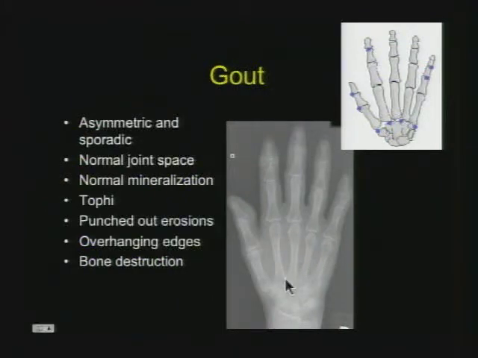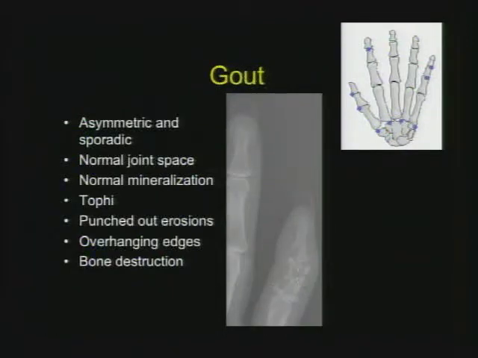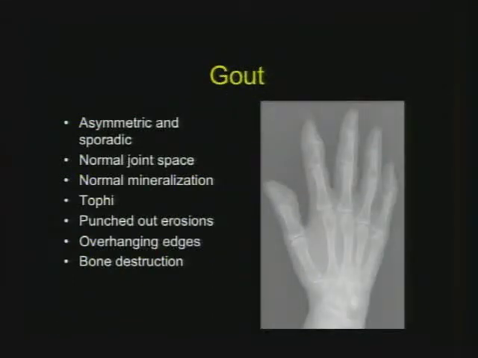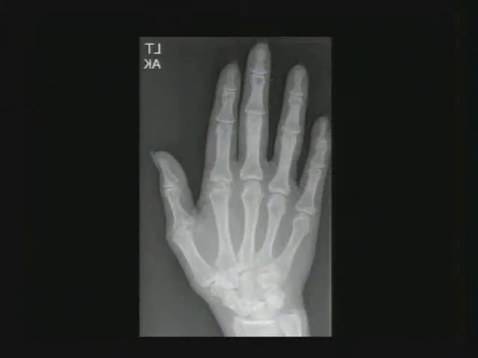And there are punched out lesions in gout in the bone. There are tophi in the bone that we will see. So here's an example of the punched out lesions in the bone. Away from the joint, those are gout crystals and tophi. And what causes the arthropathy are the tophi around the joint. So that's gout.